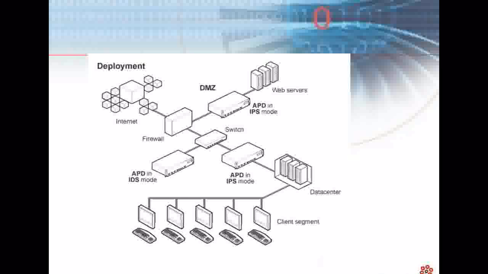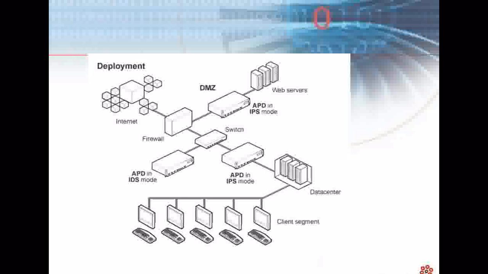Here's the typical scenario. In terms of deployment, you will build an APD, the active protection device. That's basically an appliance with APS on it, with the CounterSnipe software on it. That appliance can sit inline as an IPS on the DMZ side, or it can sit online plugged into a switch for APD in IDS mode, or it sits inline with your internal network, from the inside of the firewall.